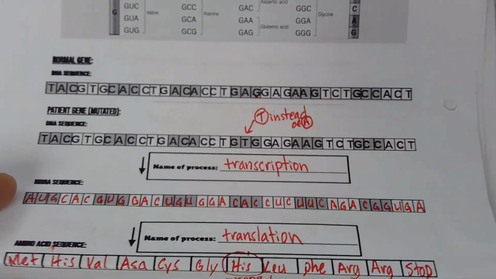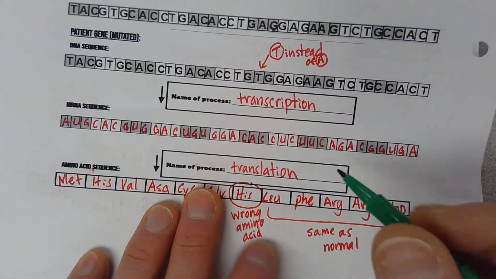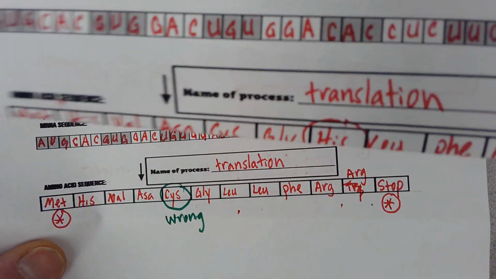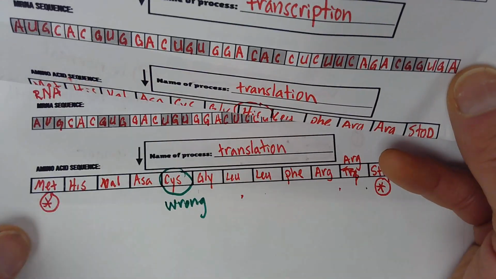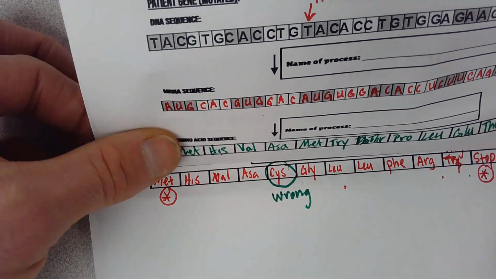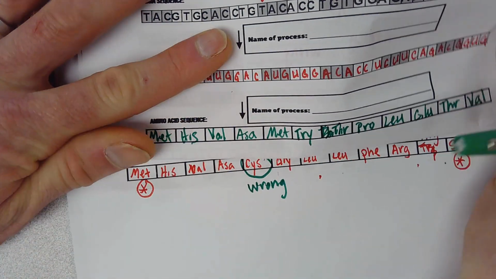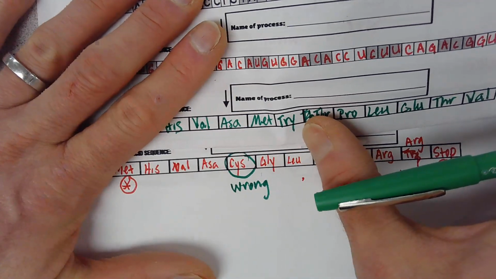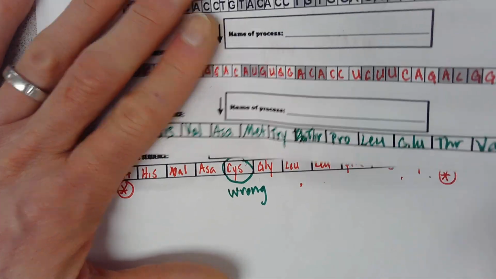All right. So now, here we go. If I look at this, then comparing it to the normal gene. There we go. So I had to go back 2 pages to look at the normal gene.